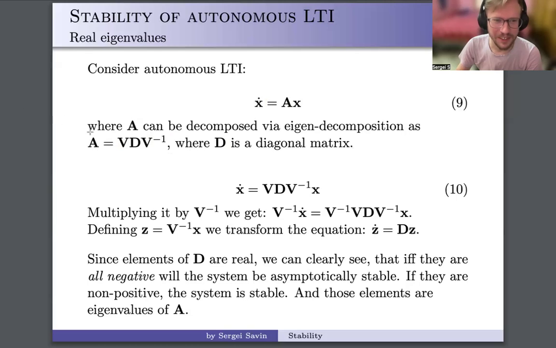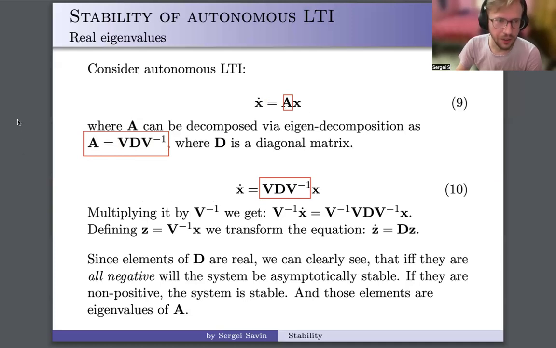We have this decomposition, which allows us to replace the A matrix here with V times D times V inverse. So X dot equals V times D times V inverse. It is a replacement for the A matrix.